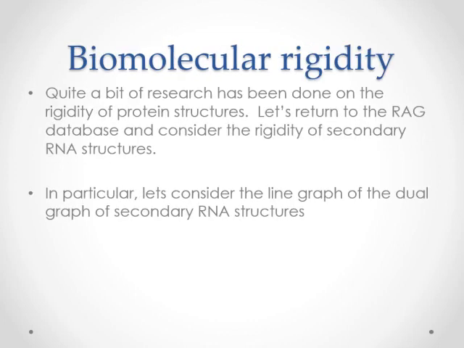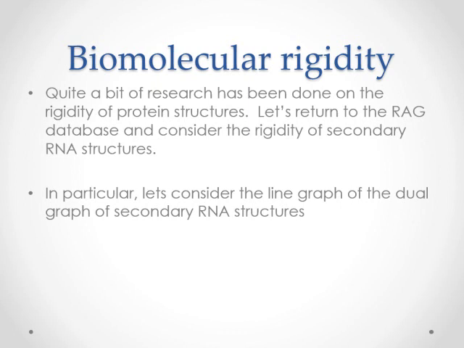Now there's quite a bit of research available on the rigidity of protein structures. Mainly, as I mentioned before, this is in the realm of computational geometry, or computational geometry applied to protein structures. However, there's very little that can be found on the rigidity of RNA structures.